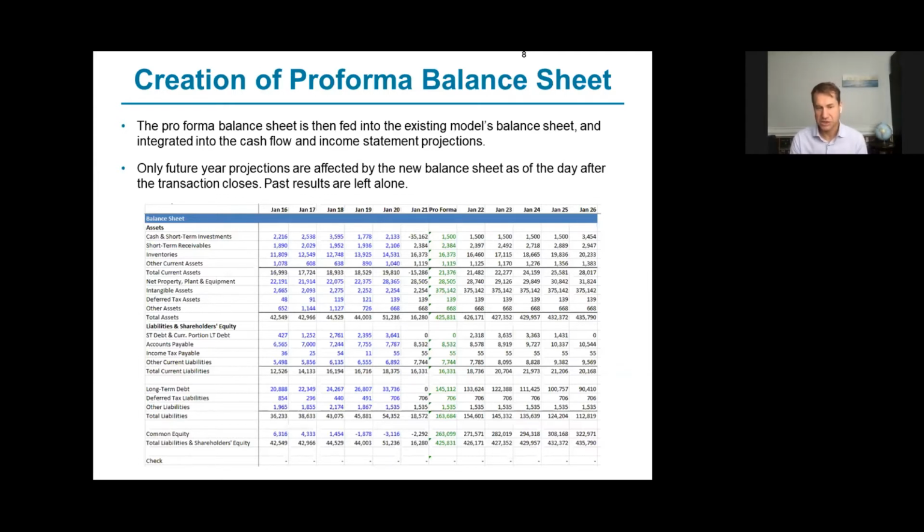So in the balance sheet, the pro forma column replaces the old January 2021 column. So all my forecast for the balance sheet has to be based on this new pro forma column.